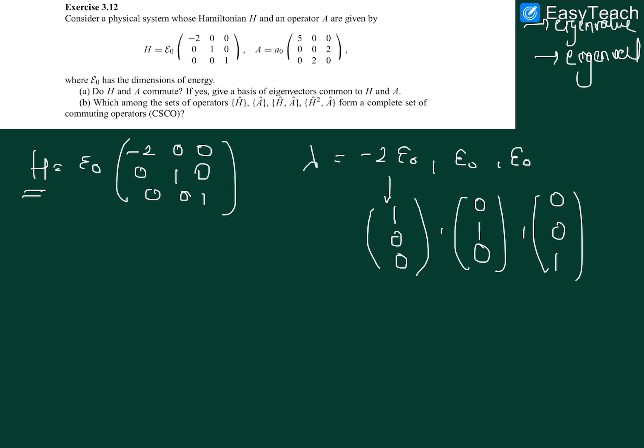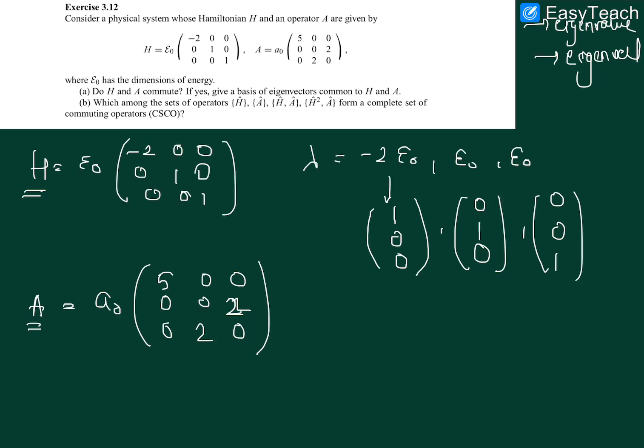Similarly we have to find the same for the A operator. Please pardon me since I'm not going into the basic steps of calculating eigenvalues and eigenvectors, but these are the final answers that I have got.